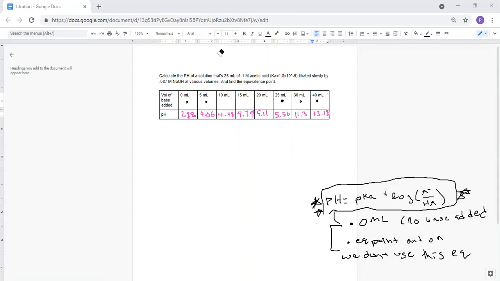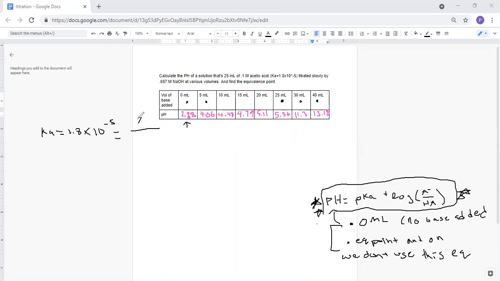So at the first place, you'll notice that we have no base added to our acid yet. So we can actually solve for the pH here without the equation and solve for it the traditional way we know, which is we use the Ka given to us, which is 1.8 times 10 to the negative 5, to find the concentration of acid, right, of H plus.